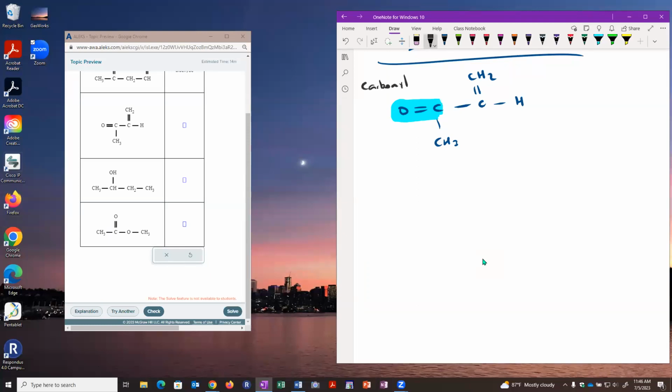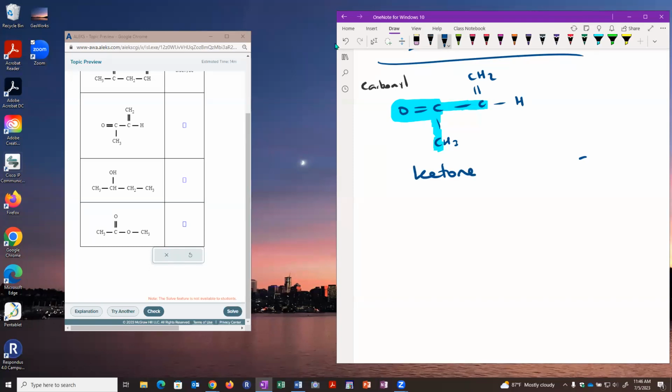But when that carbonyl is between other things, or if it itself is connected to other specific things, it belongs to a particular functional group. In this case, the carbonyl is between a carbon on one side and a carbon on the other side, right? So that entire thing, carbonyl between two carbons, is known as a ketone.